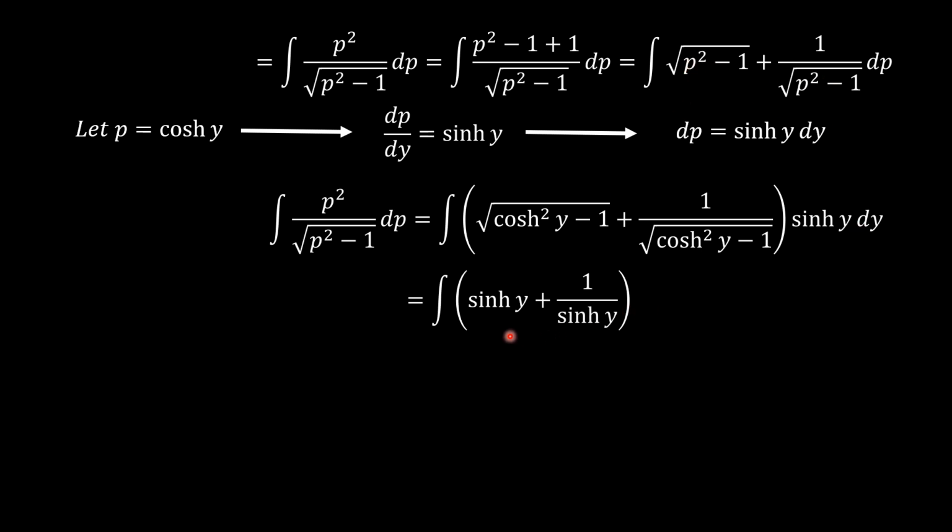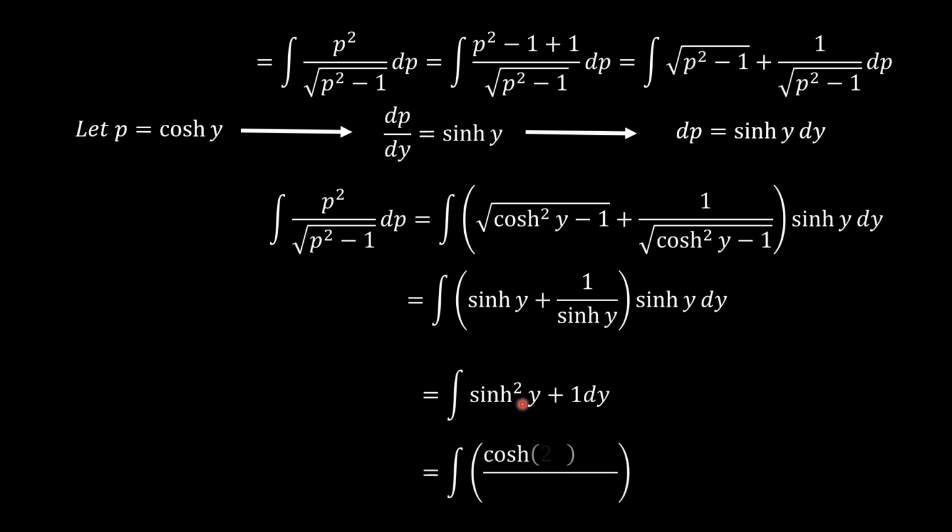And this simplifies to hyperbolic sine of y plus 1 over hyperbolic sine of y times hyperbolic sine of y dy. And that is hyperbolic sine squared y plus 1, and we can re-express this hyperbolic sine squared y as hyperbolic cosine 2y minus 1 over 2, plus 1.